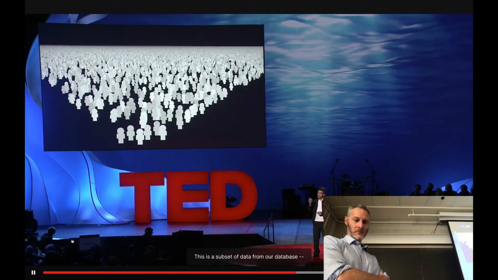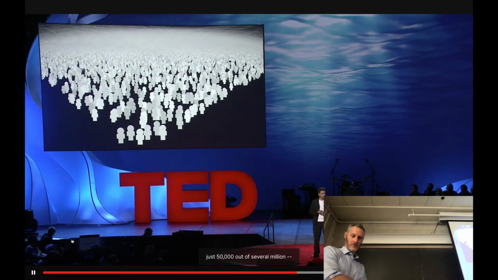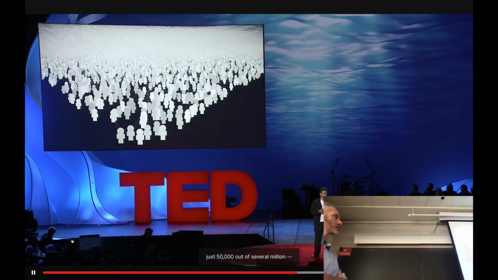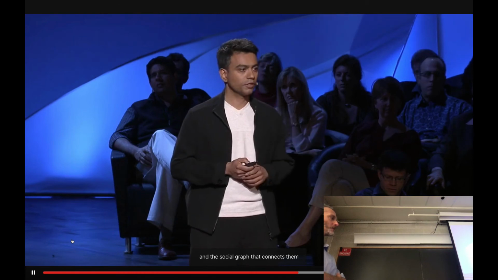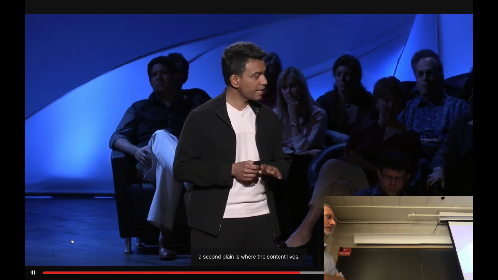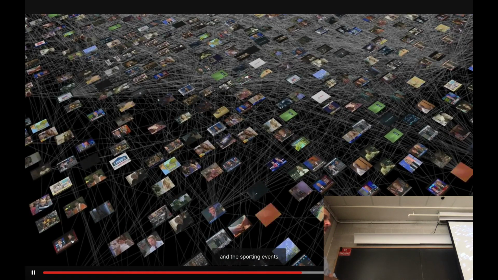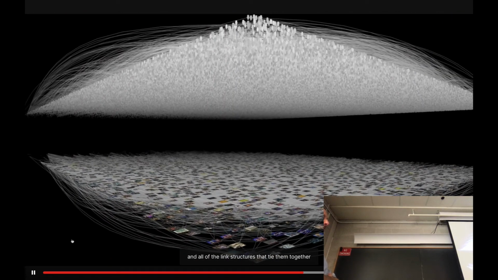This is a subset of data from our database, just 50,000 out of several million, and the social graph that connects them through publicly available sources. And if you put them on one plane, a second plane is where the content lives. So we have the programs and the sporting events and the commercials and all of the link structures that tie them together make a content graph.